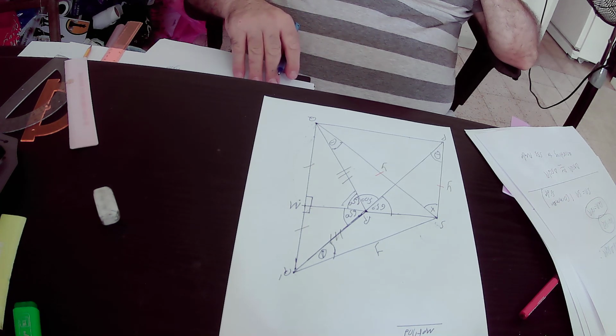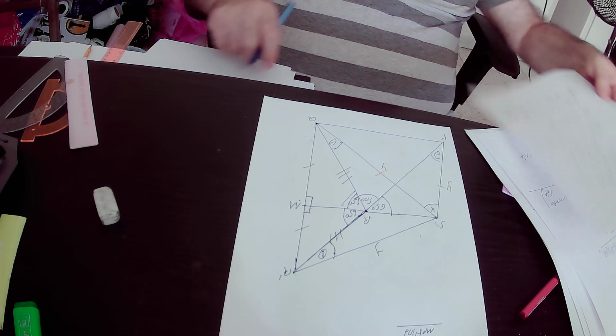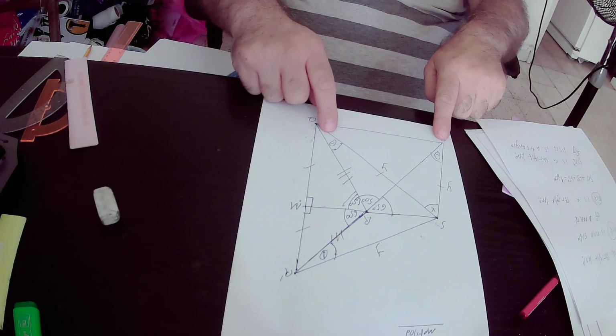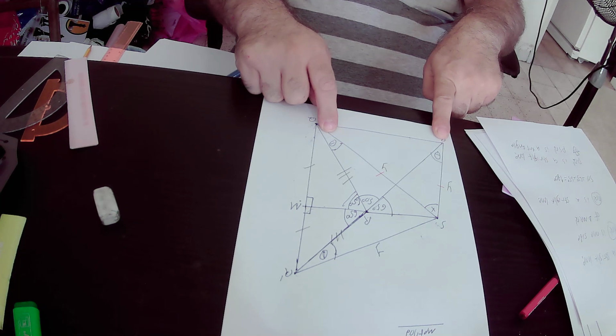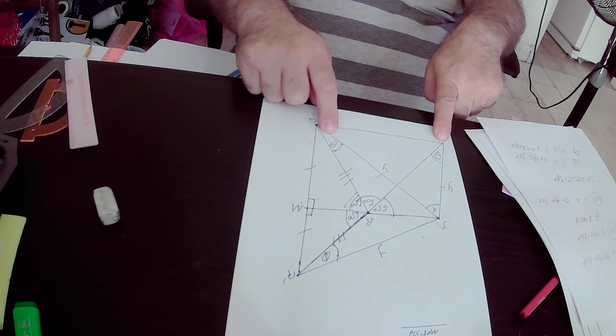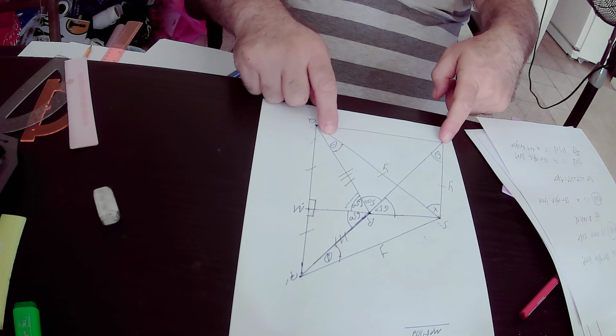So here we have two equal angles, both equal to theta, that subtend the same line segment.